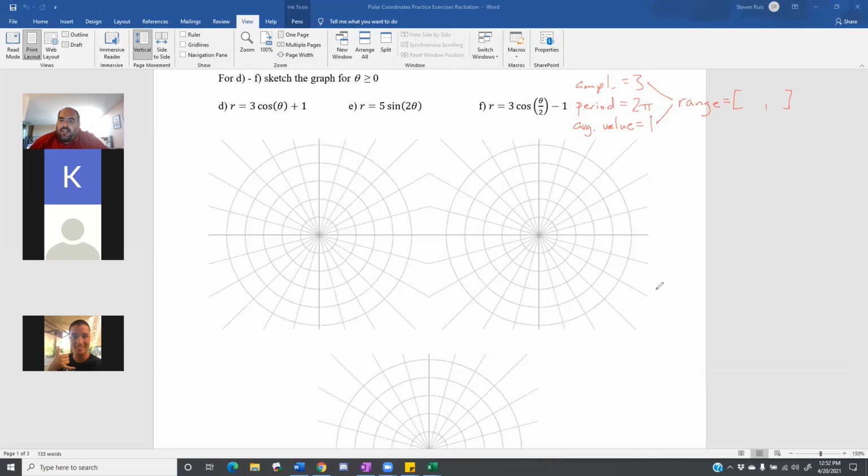Well, the amplitude's 3, because I think a good first thing to do is just graph this in rectangular coordinates. I'll ask you, what does the amplitude of a trig function mean? Doesn't it have something to do with its max and minimum value?